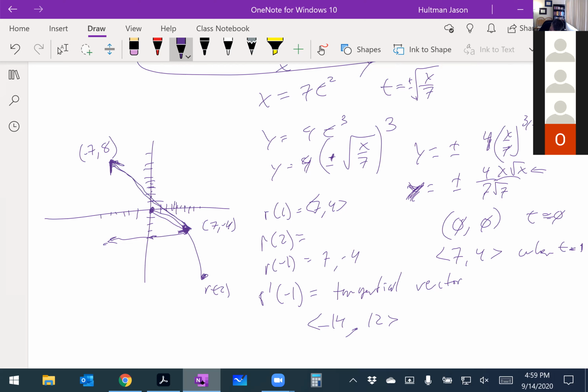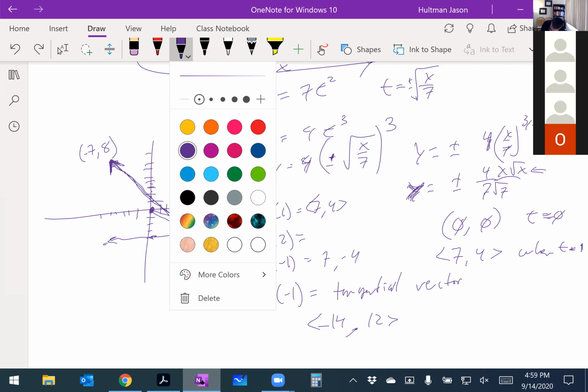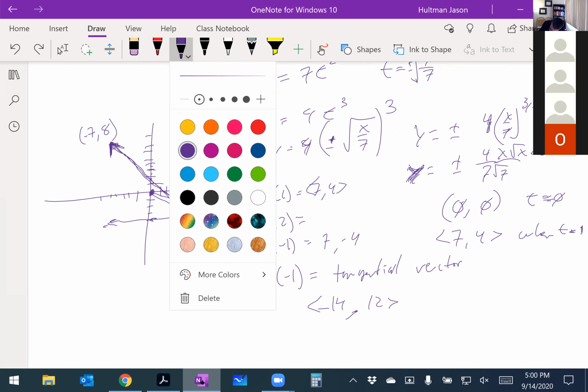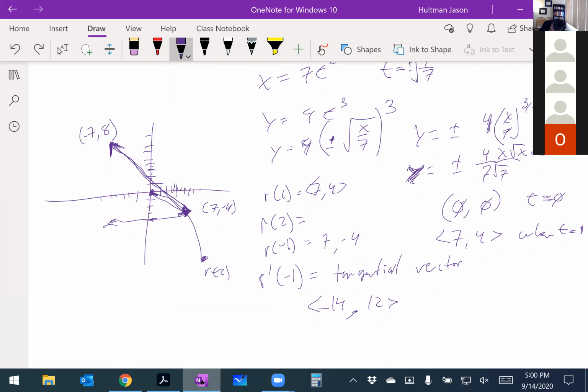And so that's our tangential vector along this curve. So we drew the curve. This is the curve in the negative direction, by the way. This is as t is less than 0. This curve is in the positive direction.